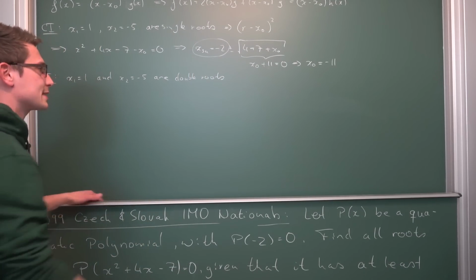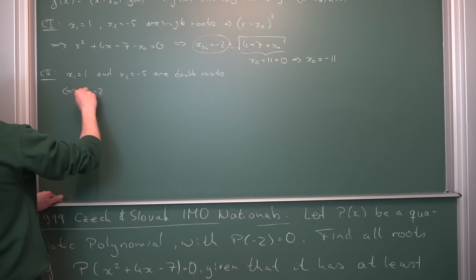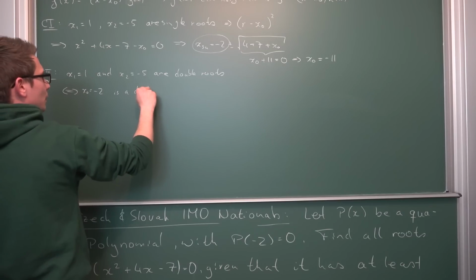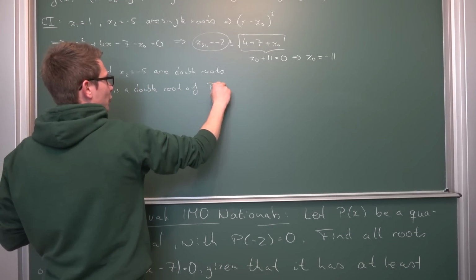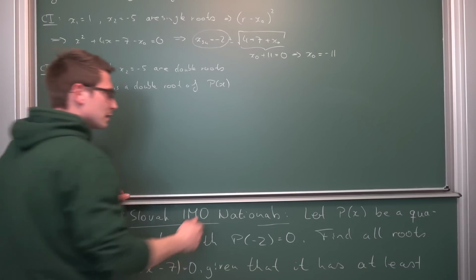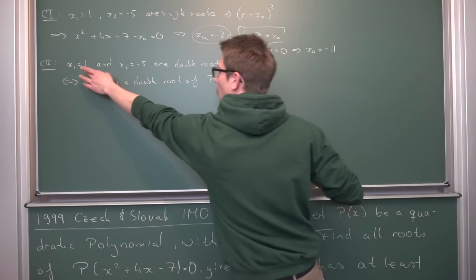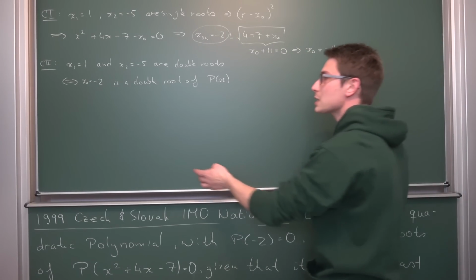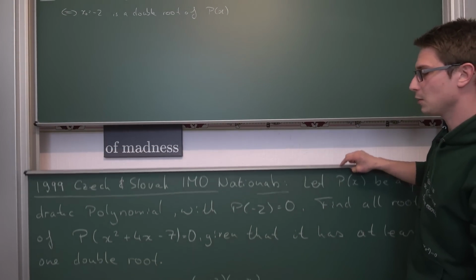And this happens exactly when x0 is equal to negative 2 is a double root of p of x. I hope you can see how this works out. We can only have those two being double roots, meaning we have two double roots in our case, if x0 is equal to negative 2 is a double root of p of x.